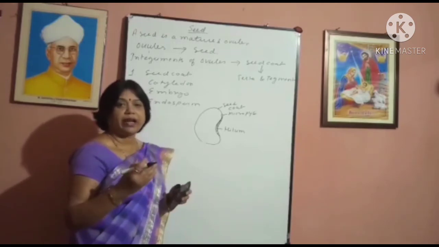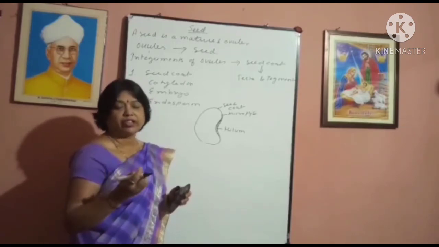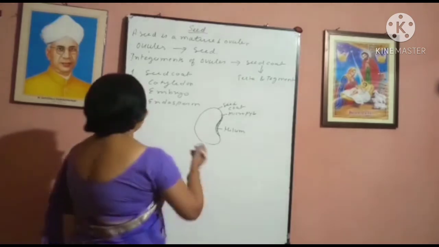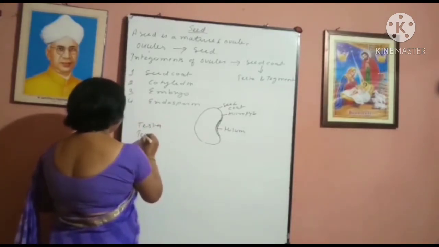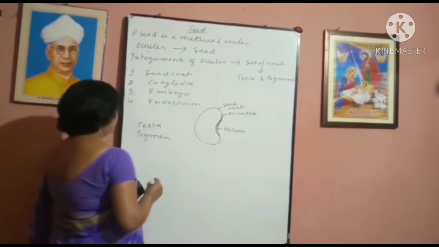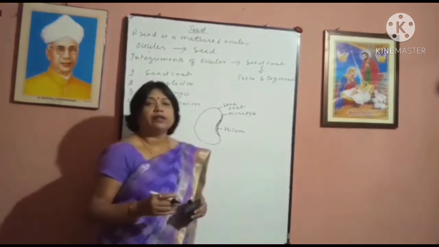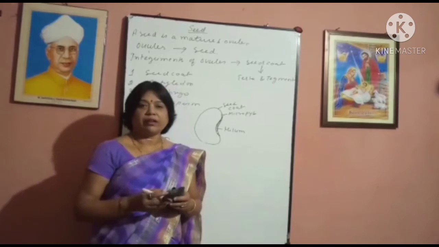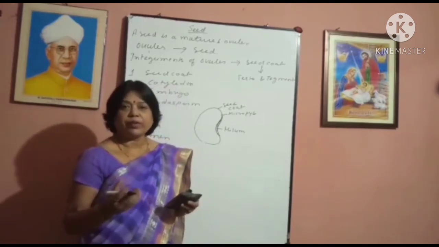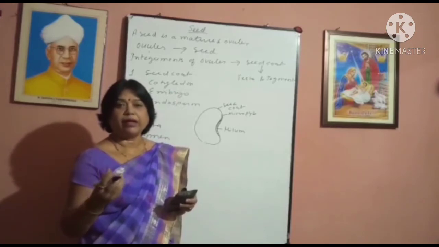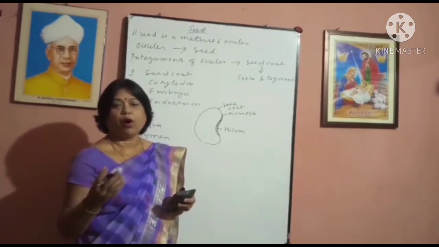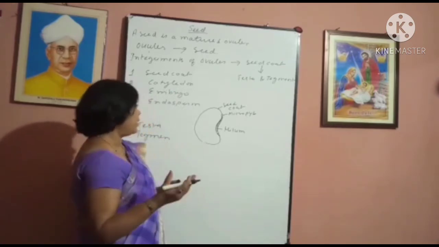But below the testa, there is a thin membrane-like structure, which is called tegmen. And testa is of various colors and types in various seeds. Some are brown, black, pink, maroon or spotted, etc.